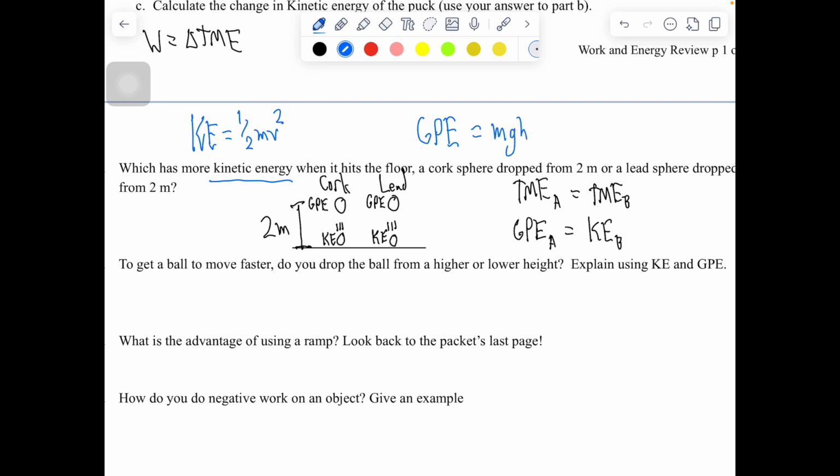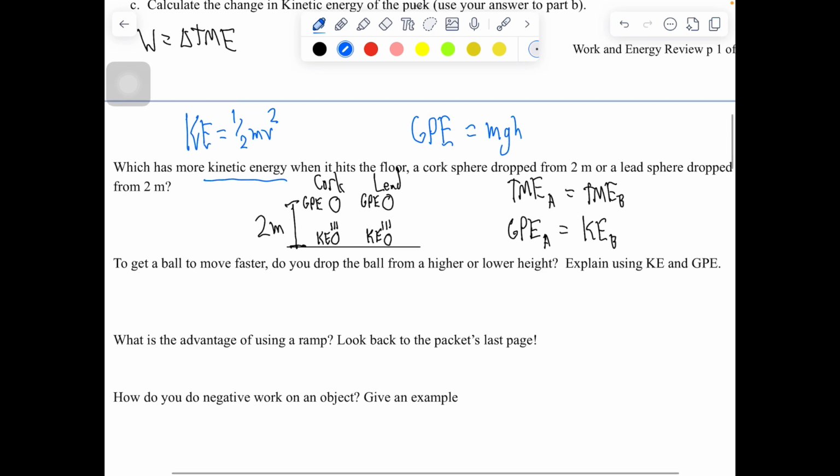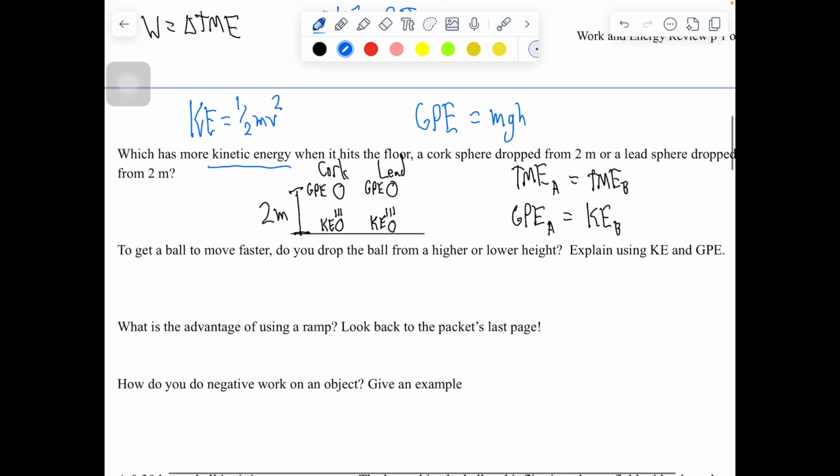Well, what's different between our cork and lead sphere? They have the same g value, that acceleration due to gravity. They're on the same planet, so that stays the same. They're both 2 meters above the ground, so our height stays the same. What's changing is the mass. The cork has less mass than the lead. So, for the lead having more mass, that also means it will have more gravitational potential energy.